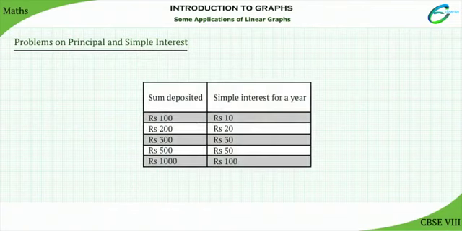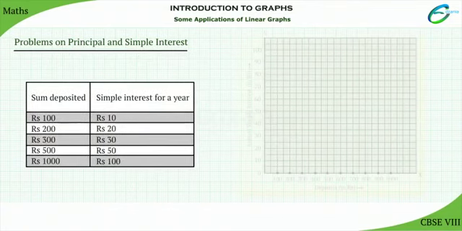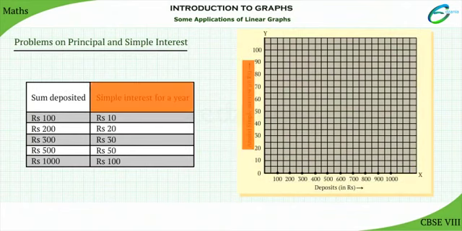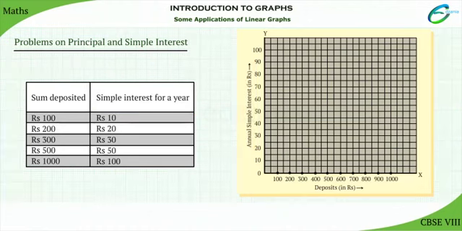Now let us draw a graph for this data. First, we have to decide the quantities to be taken on the x-axis and the y-axis. We'll consider deposits along the x-axis and annual simple interest along the y-axis. We consider a suitable scale as shown here.